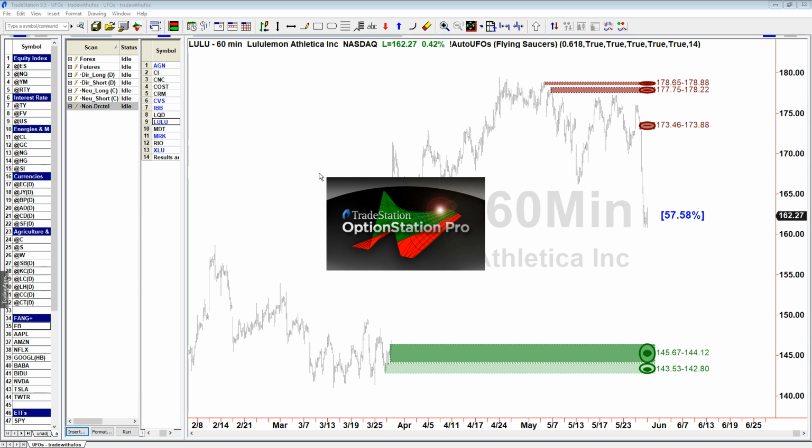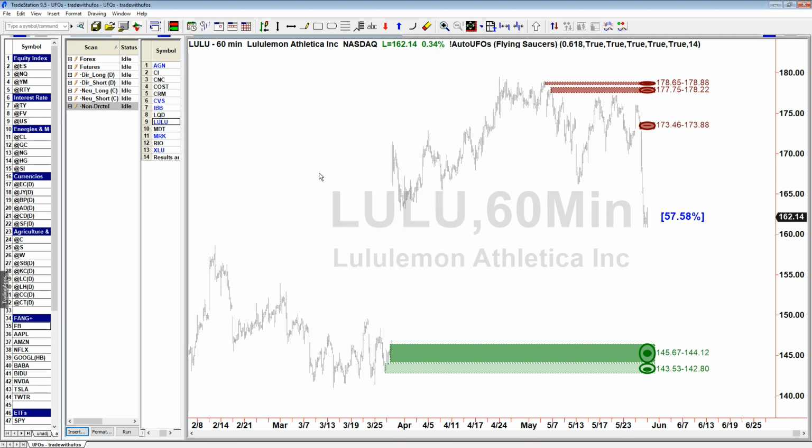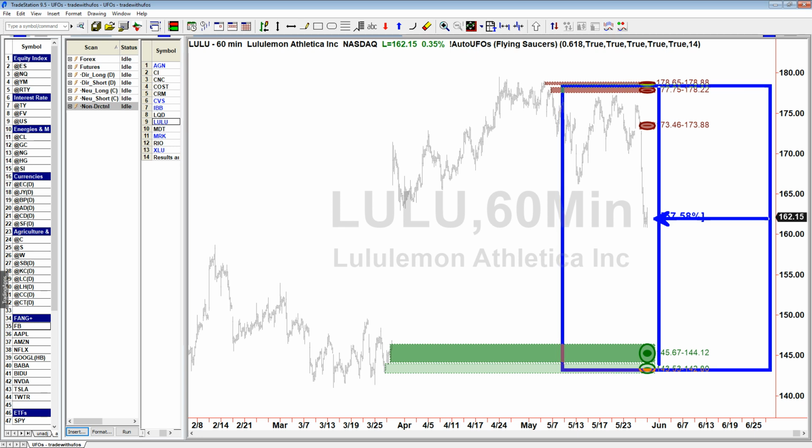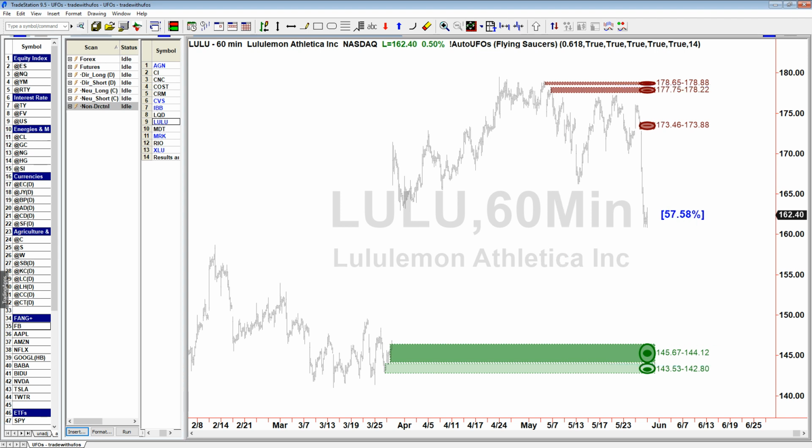So we may have enough premium. I would guess it's going to be very tight, but it's always worth it to check. If we were to have enough premium in this range, from 178 all the way to 143, which is a humongous range where the current price is more or less in the middle, and we plan a non-directional trade expecting Lulu to remain in this range, I'm not sure we're going to get paid enough to execute a trade based on our rules, because the range is humongous and we are only allowed to use June 7.